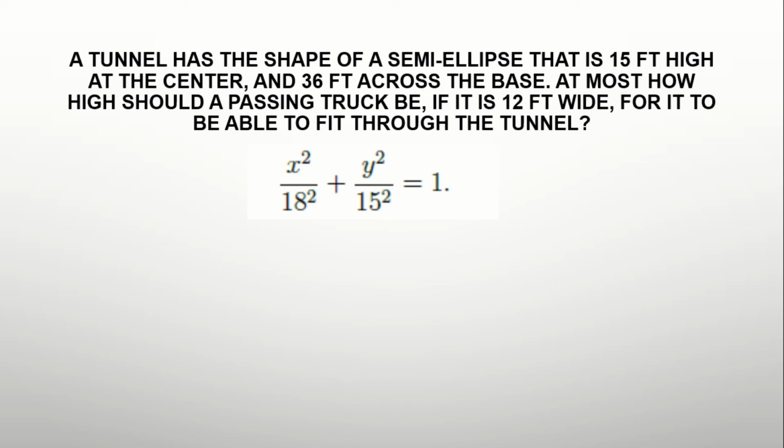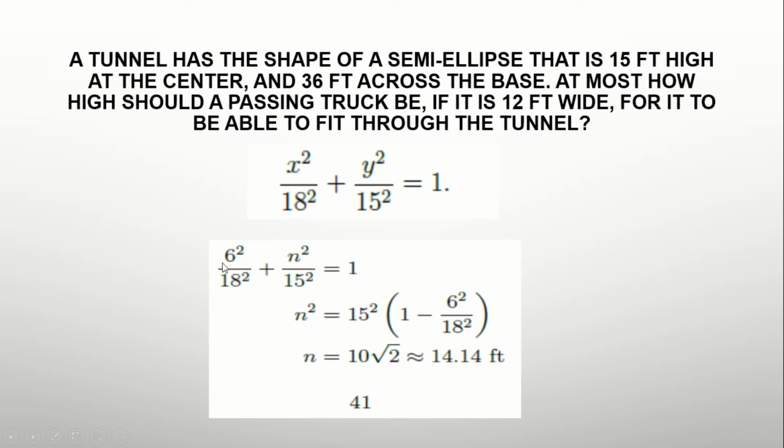And then another given is that the truck is 12 feet wide. So on each side of the truck, 12 feet wide means 6 on each side. That is the x. And what we are looking for here is the y.